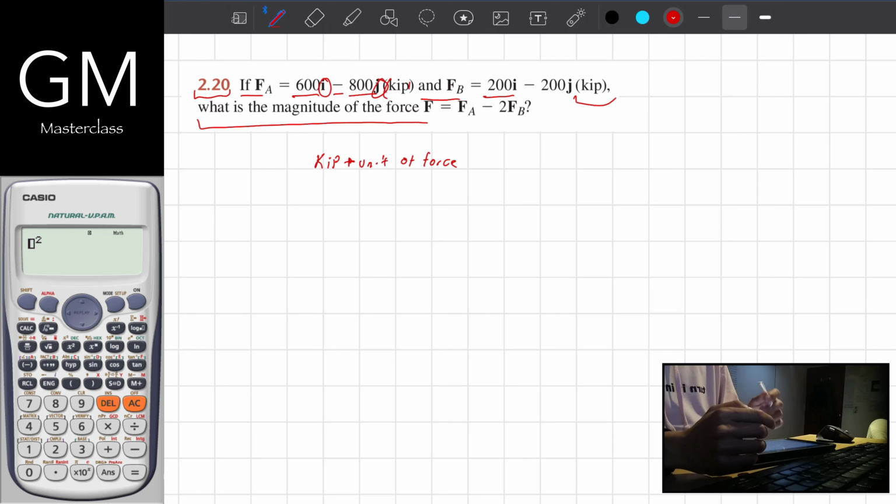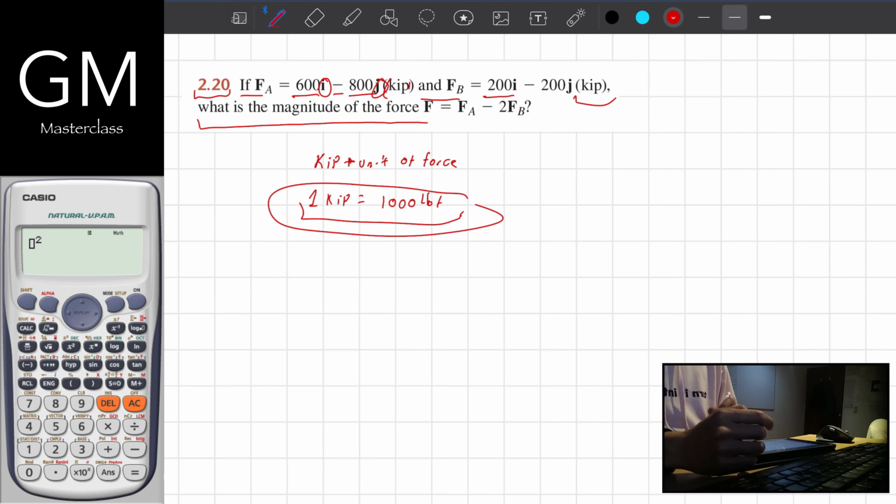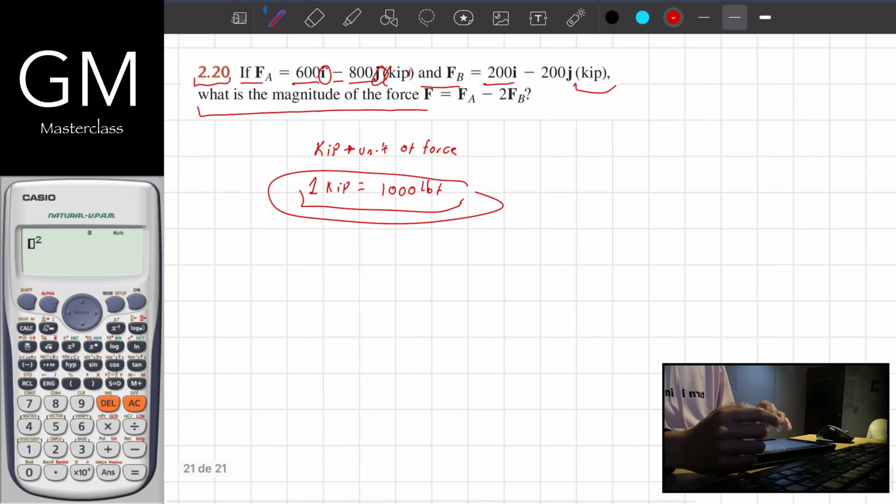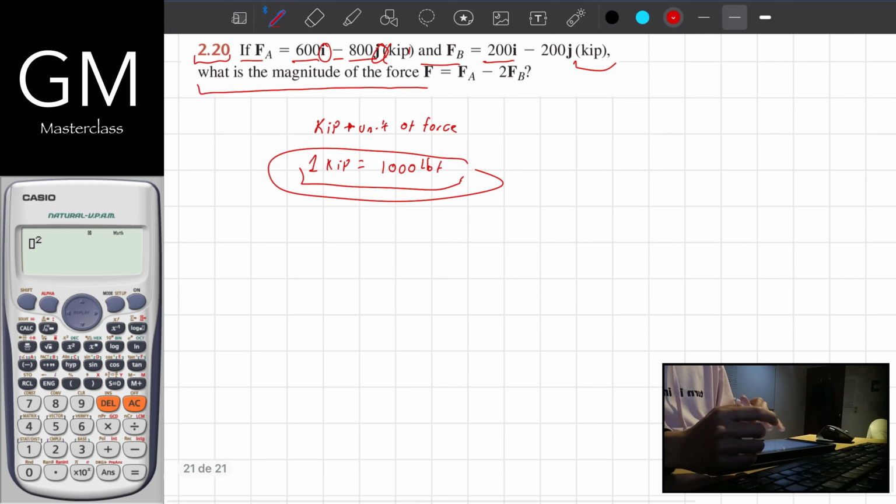All we have to take into account here is that one kip is equal to 1,000 pounds-force. This is the correct equivalence. Once we understand what a kip is, this is pretty easy.